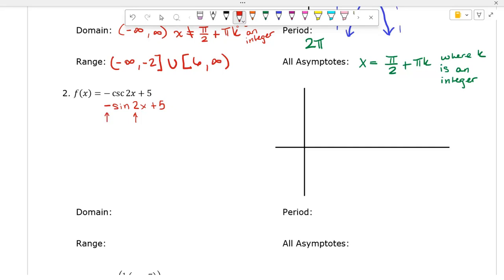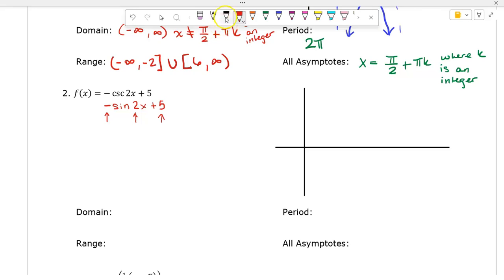This negative out front is my a value. So it means that I have a negative 1 for my a. So I have an amplitude of 1, but I have a reflection across my x-axis. And then this plus 5 is on the outside of the trig function, so it's afterwards. That's going to be a vertical shift of 5.